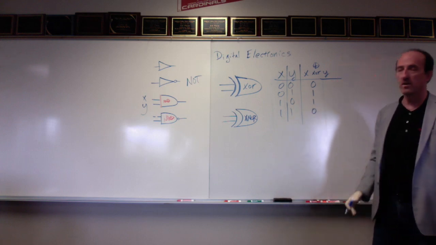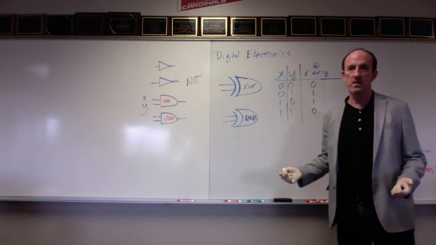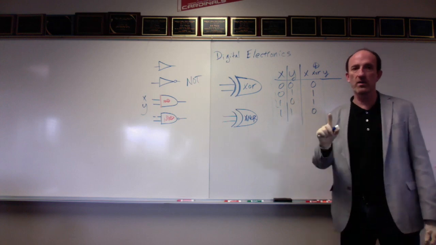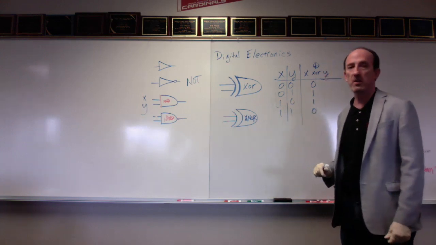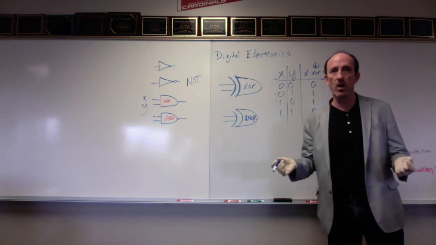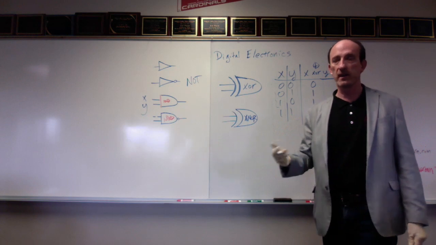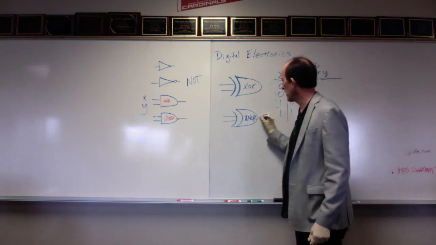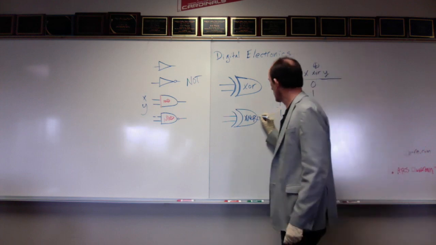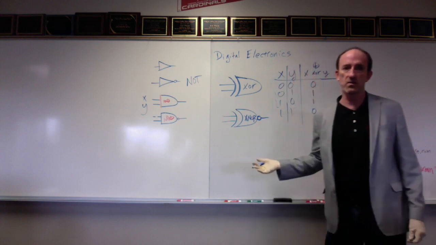For exclusive OR, the only way to get true with XOR is if the inputs are opposite of each other. You have one that's false and one that's true. That would make XOR true. So 0,0 and 1,1 would make XOR false. Now XNOR, the negated version, now it's the negated version of XOR.